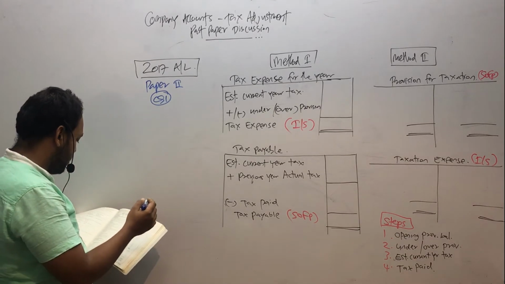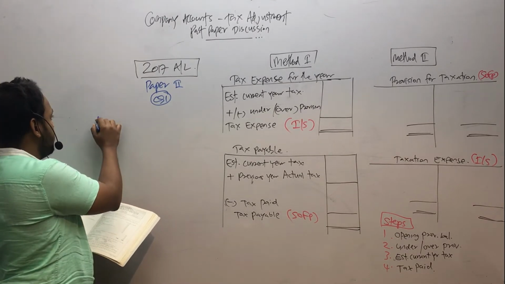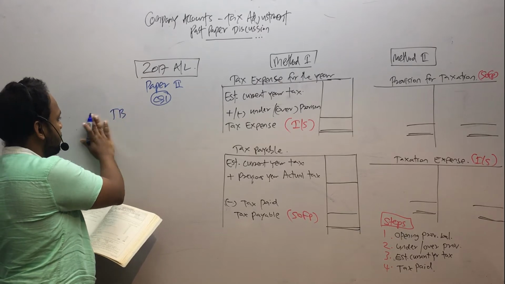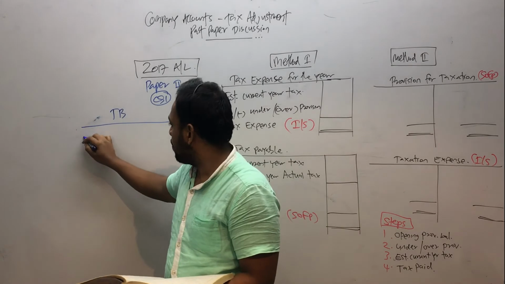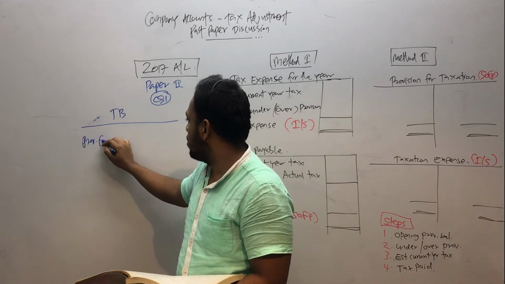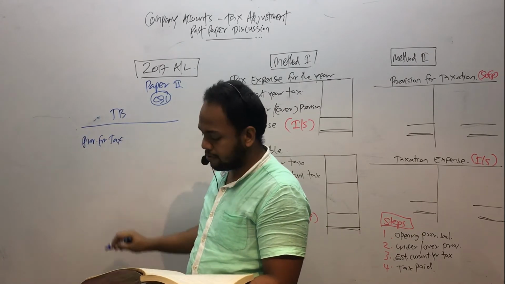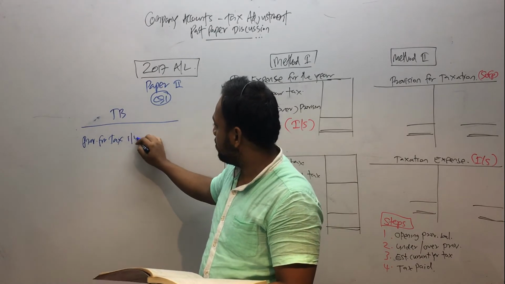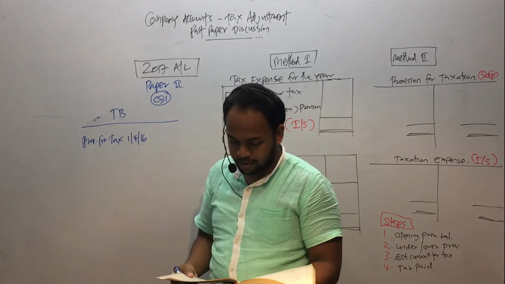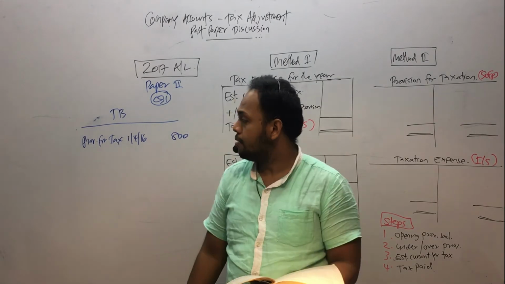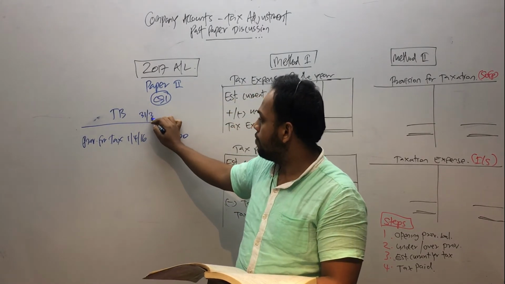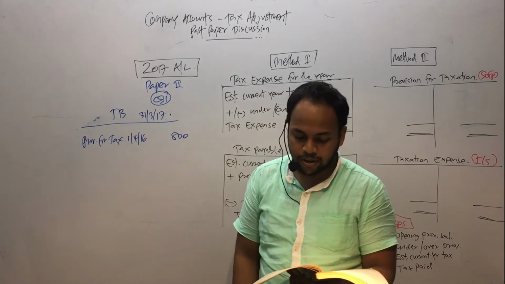There is a provision for income tax in the trial balance: provision for tax 1st April 2016, which is 800. So that's the opening balance. Our trial balance is for 31st March 2017 year end.